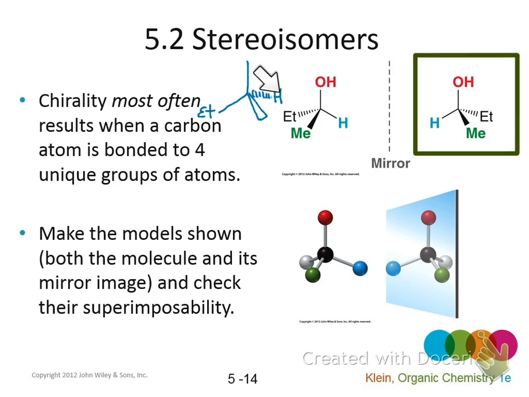If I don't want to draw the stereoisomer of this molecule, that is, the word is enantiomer, what do I have to do? If I want to draw this molecule simply with a bond rotation, like I switched the H and the Et here, what do I have to do with these two groups? I have to switch them.